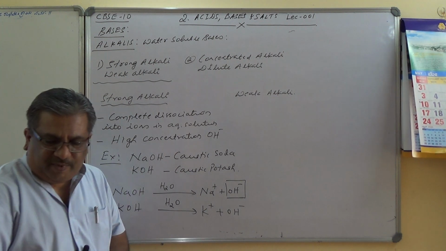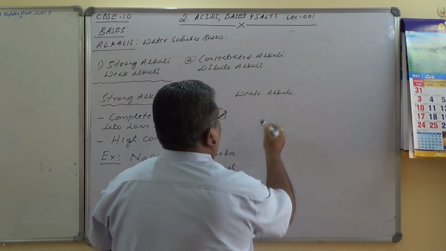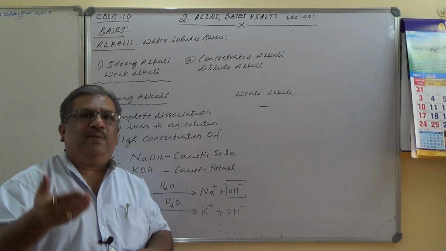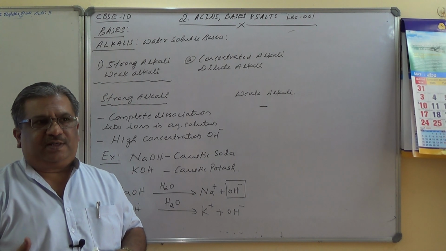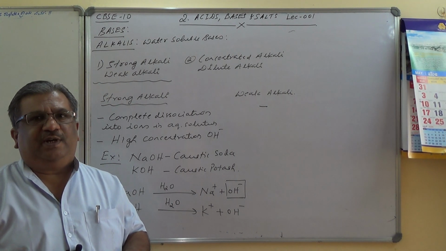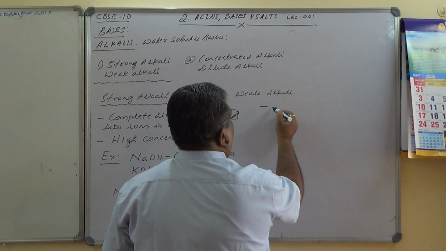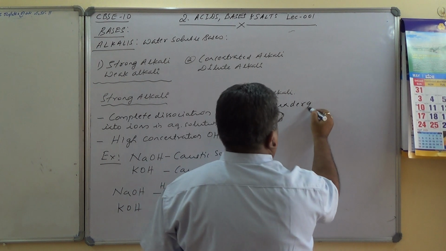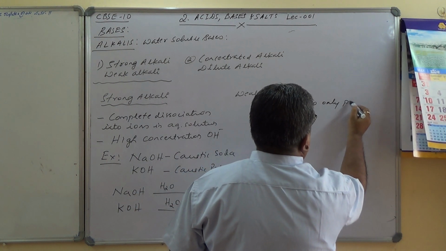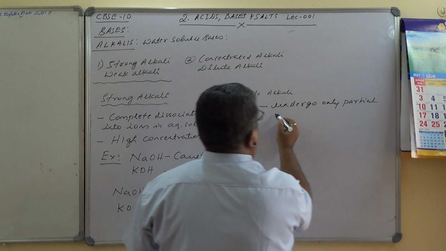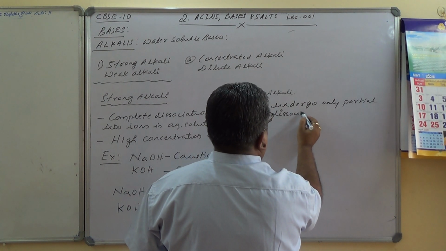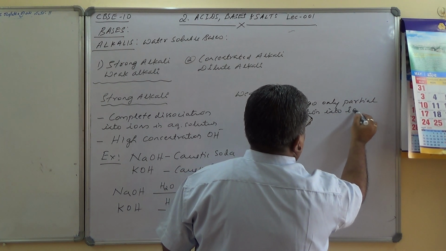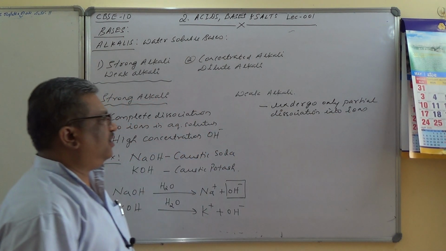Now let us look at weak alkalis. How do you define weak alkalis? Those are the substances which undergo only partial dissociation into ions.